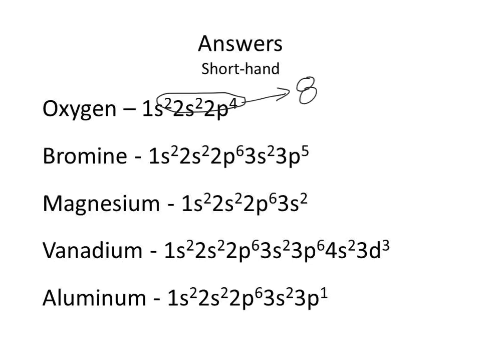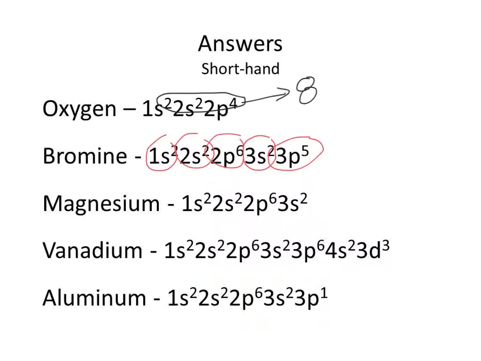Bromine is the same way, right? If you look at where bromine is, it's in the fourth energy level, and it has electrons in both the s and the p sublevels. Everything else below that is filled. This is filled, this is filled, this is filled, even this is filled, and we're missing 1 electron in the p sublevel, so you would write it that way.